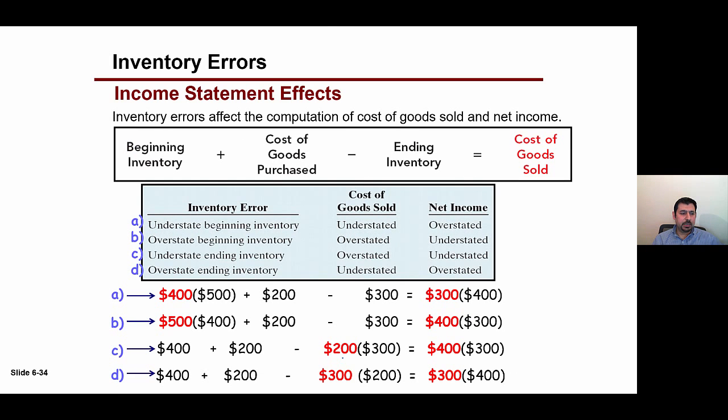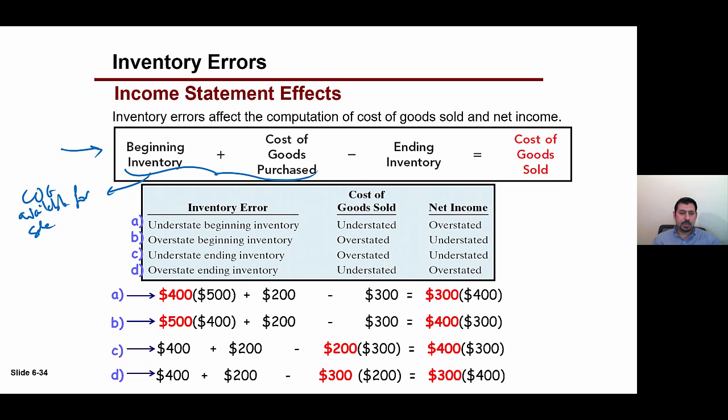For the income statement, whenever we are calculating the cost of goods sold or looking at how net income will be affected, we need to start with this equation. We have the beginning inventory plus the cost of goods purchased, and by the way, the two together are the cost of goods available for sale.